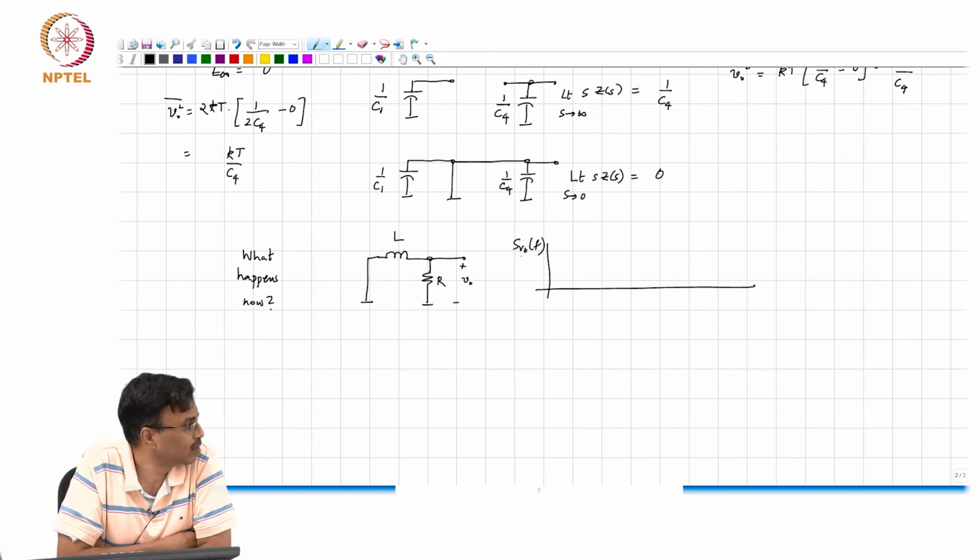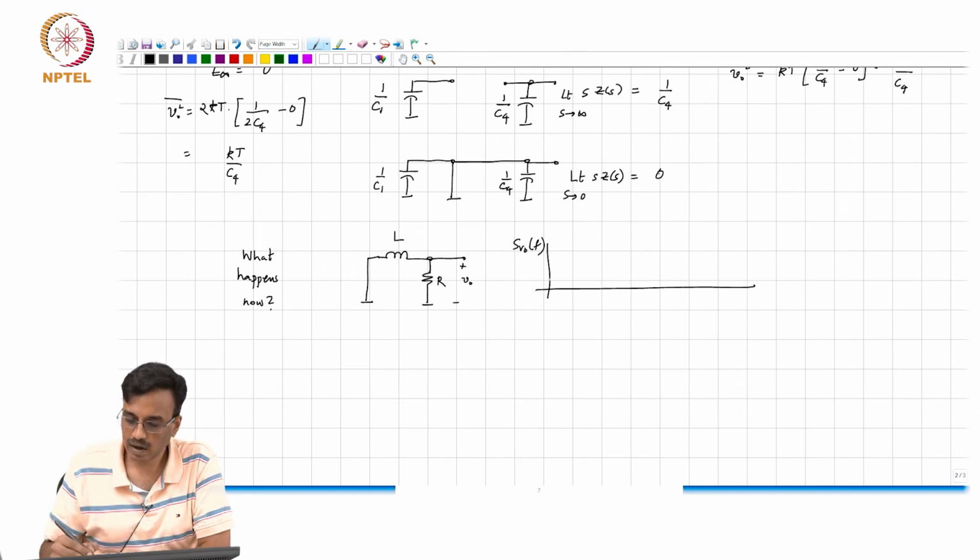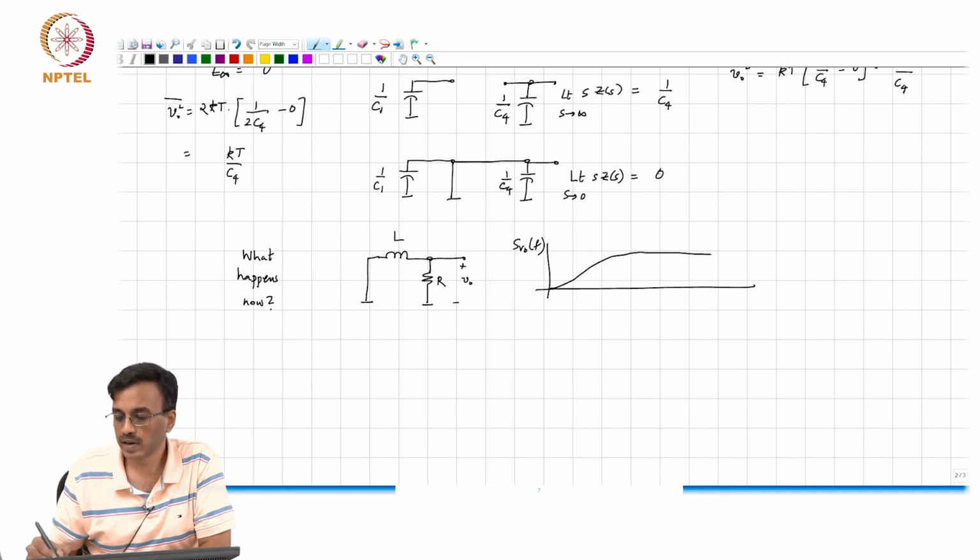At low frequency, what will it be? 0, because it is a high pass filter, right. At high frequency, what will happen? It will eventually tend to 4 kTr volt square per hertz.